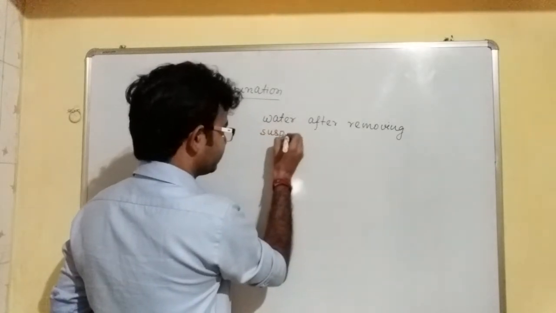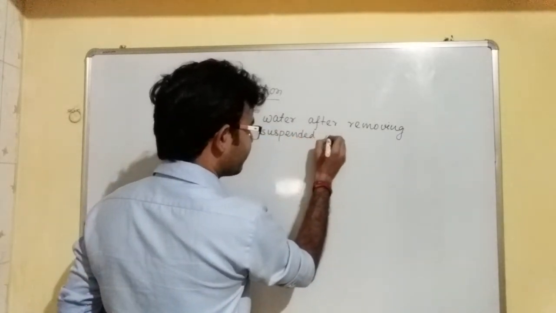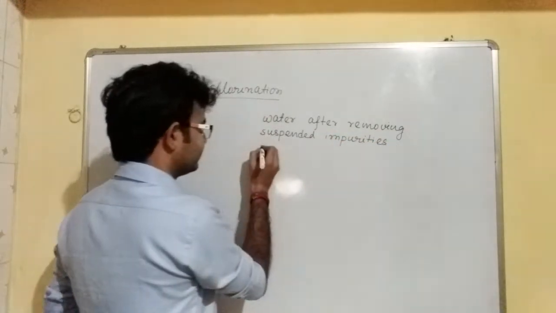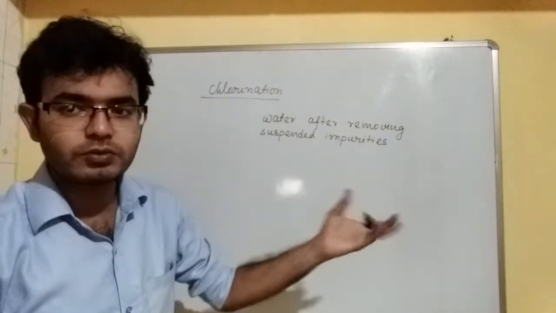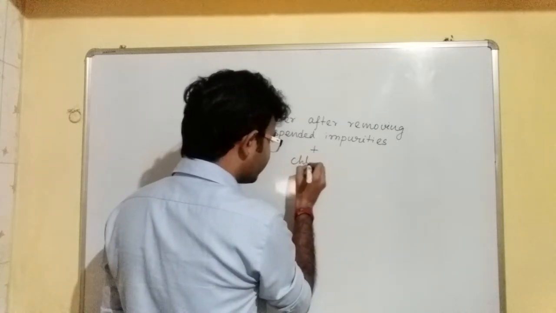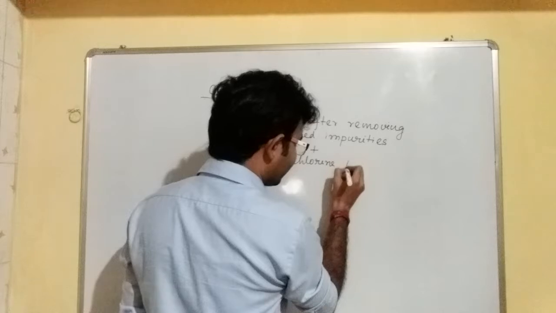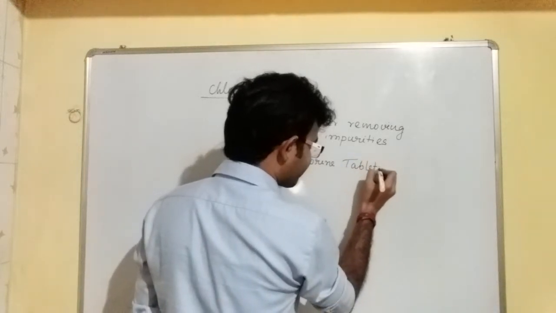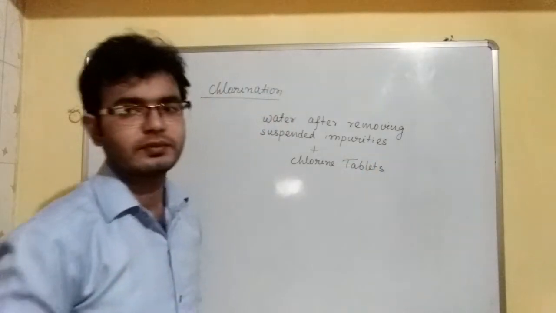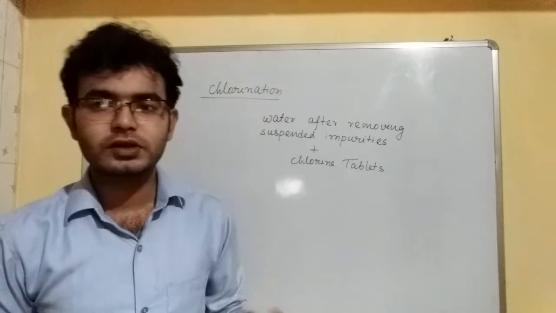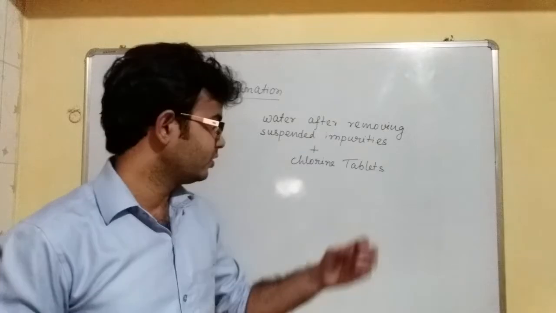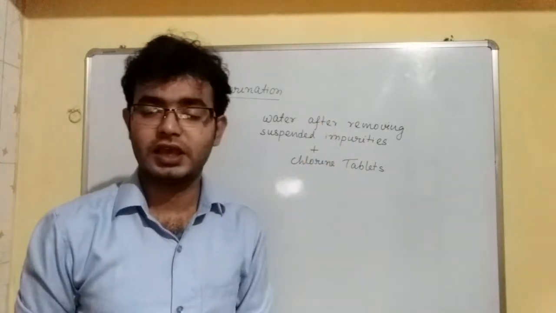Water, after removing suspended impurities, we have to add chlorine tablets. So after removing the suspended impurities from water by using filtration, we add the chlorine tablets in water.